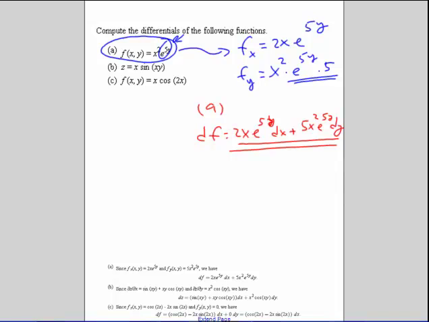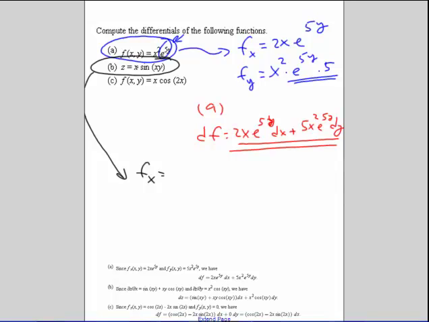Okay, let's look at B. So for B, we have to find the partial derivatives. So f partial x, using the product rule now and the chain rule. Really just the product, chain rule too.